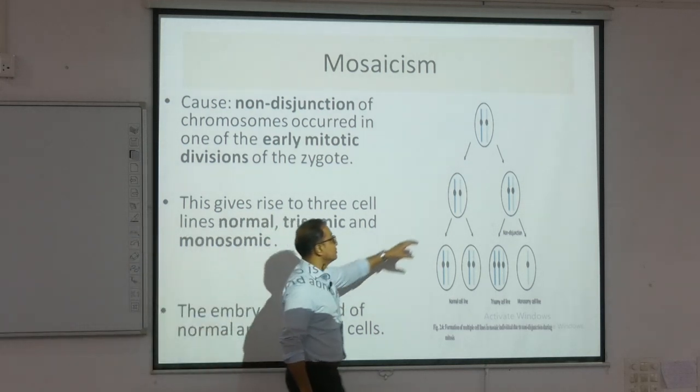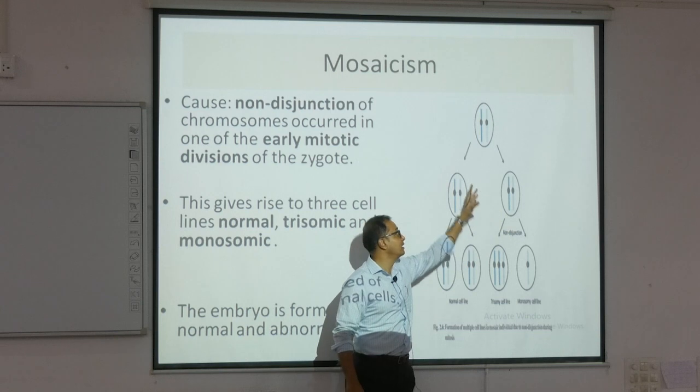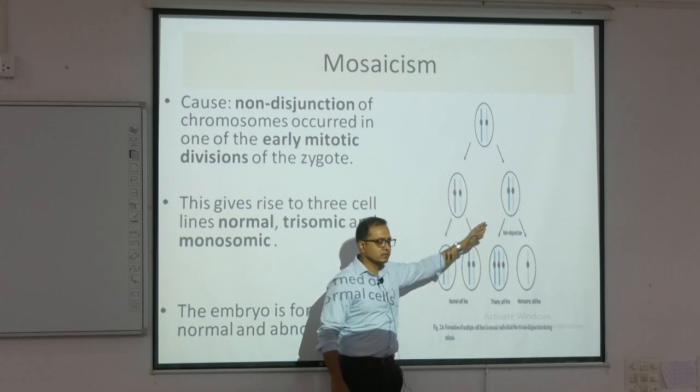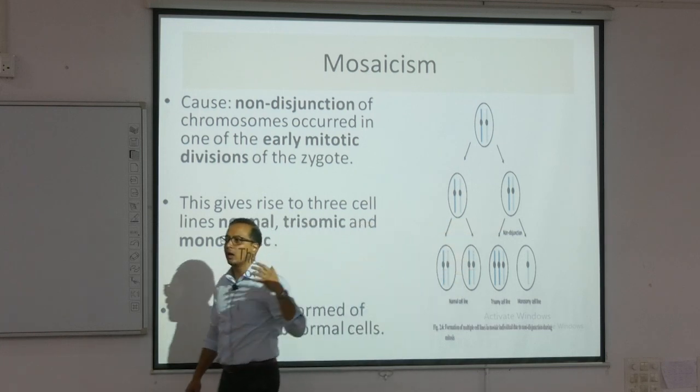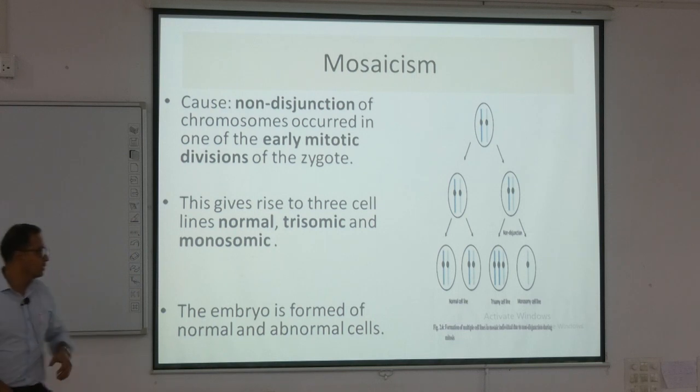This is a normal division taking place from one zygote, getting from 1 to 2. Now, after this, if the chromosomal separation goes wrong after a while, one cell line can form normally, n getting into 2n.